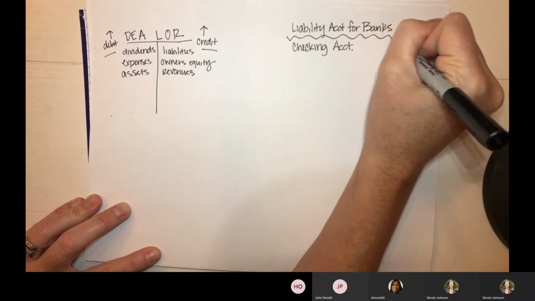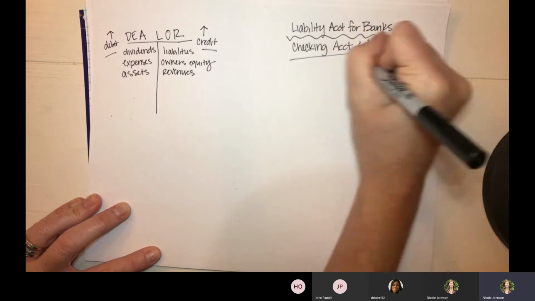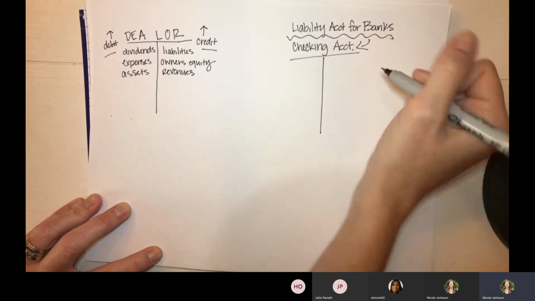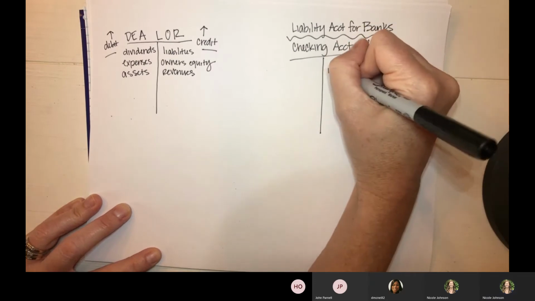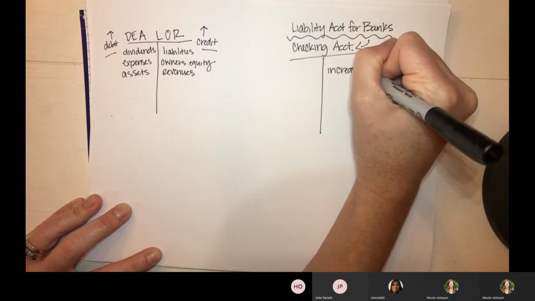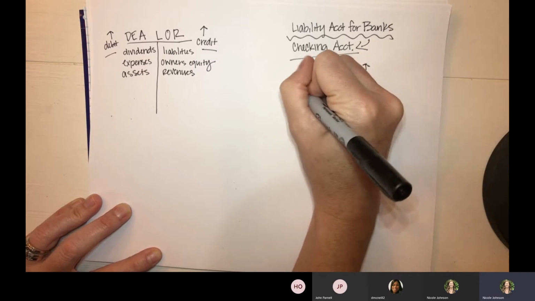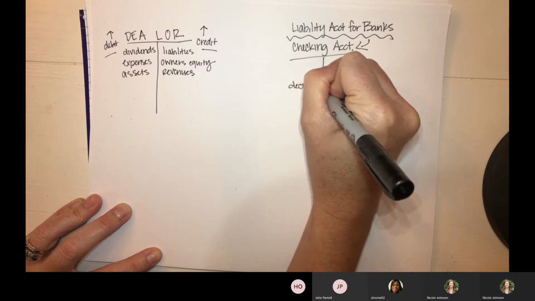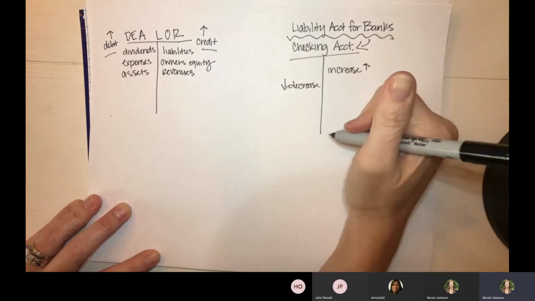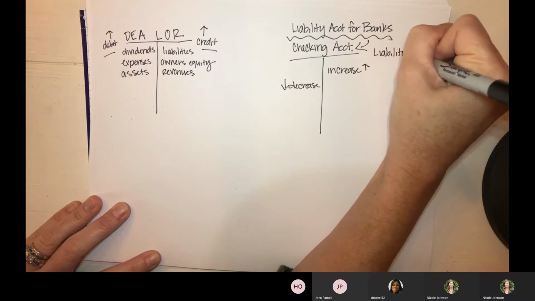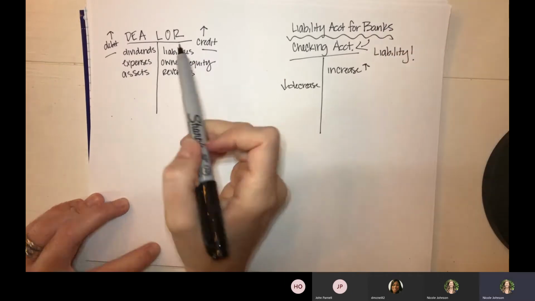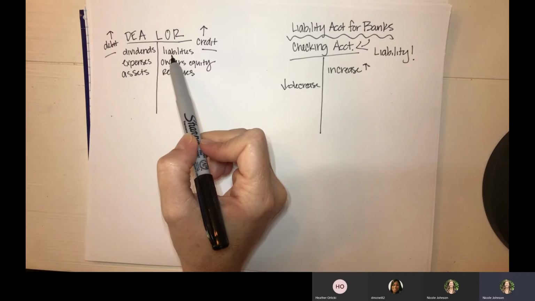Liability for banks. So the reason that your checking account goes up with credits and down with debits is because it's a liability account. And liabilities increase with credits and decrease with debits.